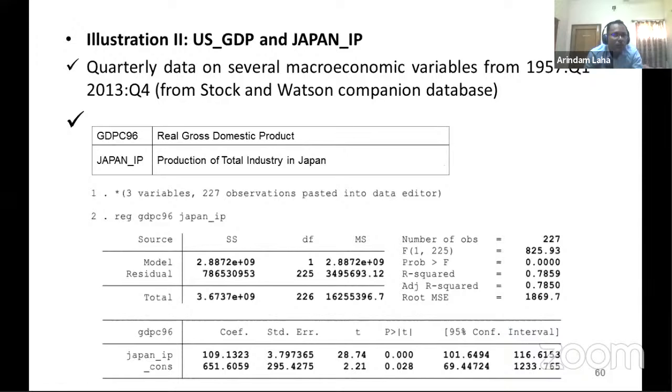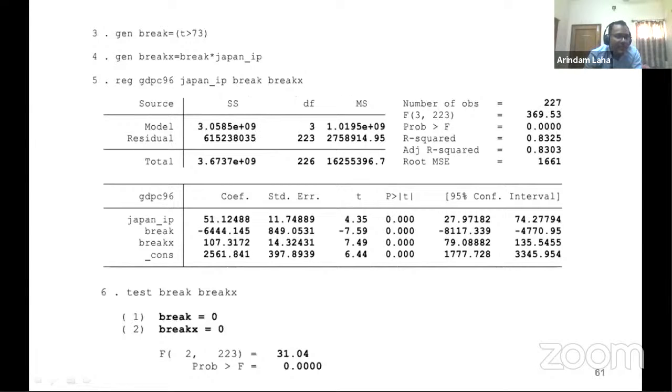Now if you have only one observation, then you can do this type of exercise. But if you have a relationship between variables, I have given you the data already: US GDP and Japan industrial production. If they are related, then this is their relationship. And is there any structural break? T greater than 73. What does it mean?